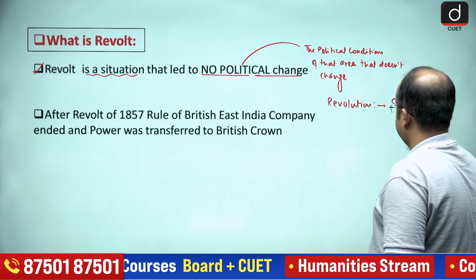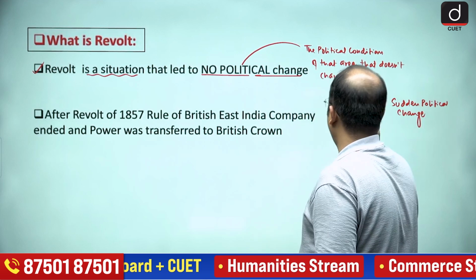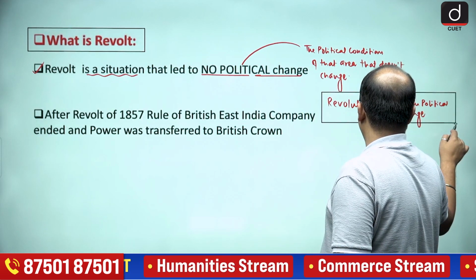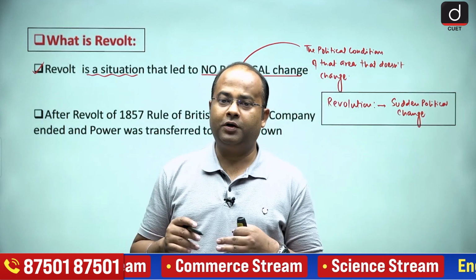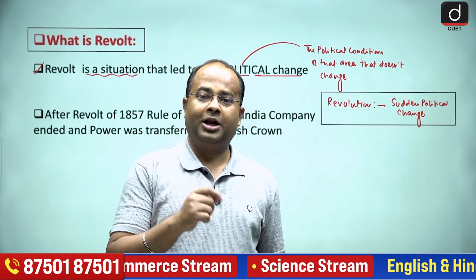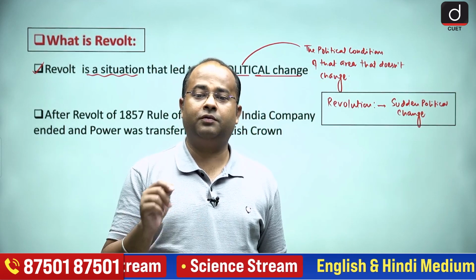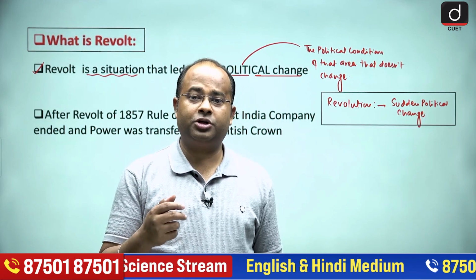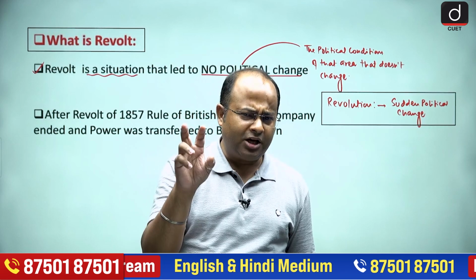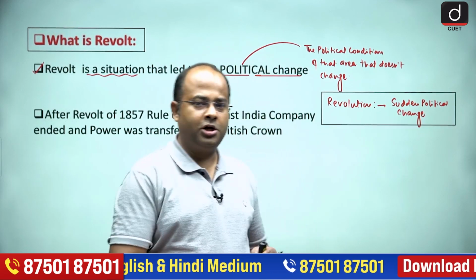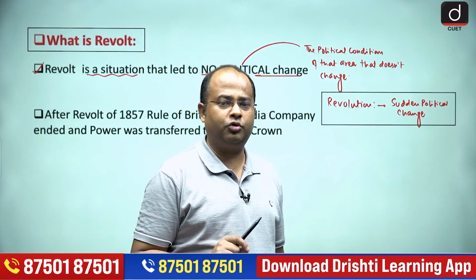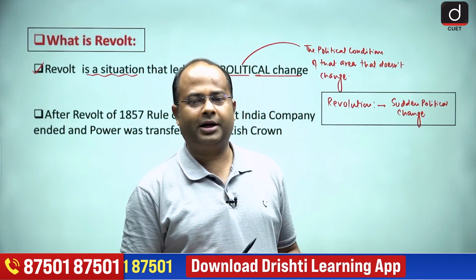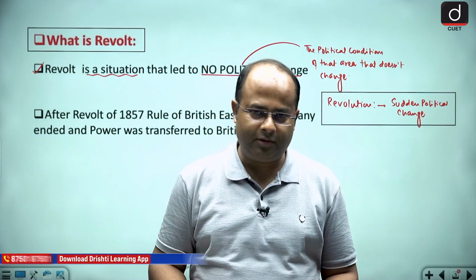So whenever there is a situation of revolt, you will find that there is no political change, and whenever there is a situation of revolution, you will find sudden political change, like the American Revolution, French Revolution, Chinese Revolution, Russian Revolution. So if there is sudden political change, it is said to be a revolution, and if there is no political change, then we can call it a revolt.